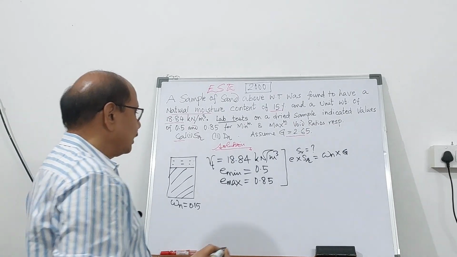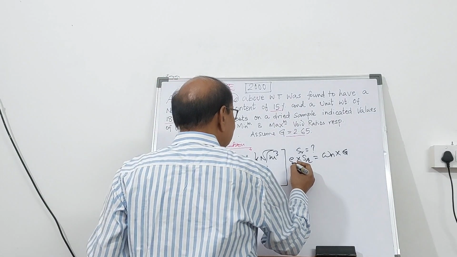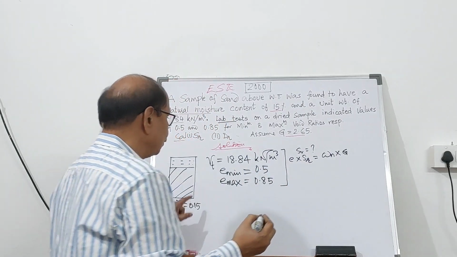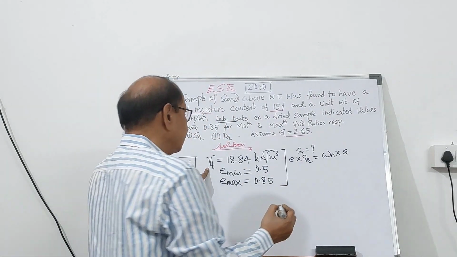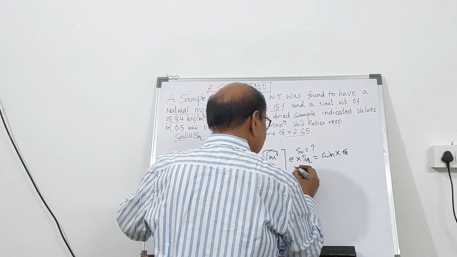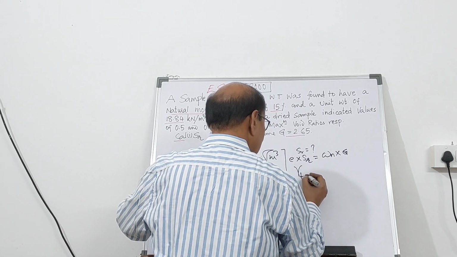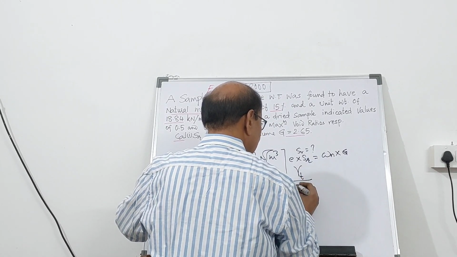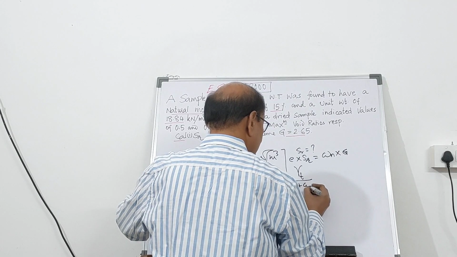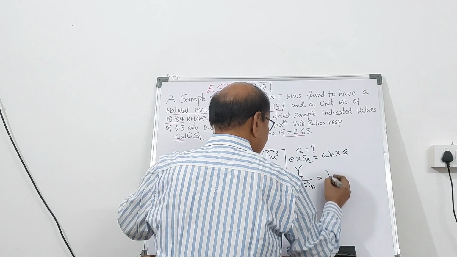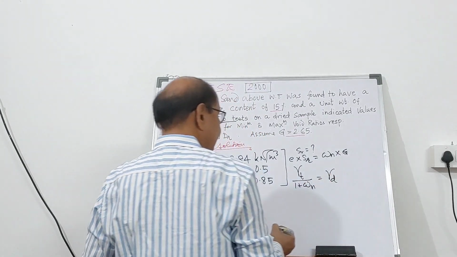Now, the void ratio E can be found out because you know the total unit weight. Total unit weight divided by 1 plus Wn will give you the dry unit weight.